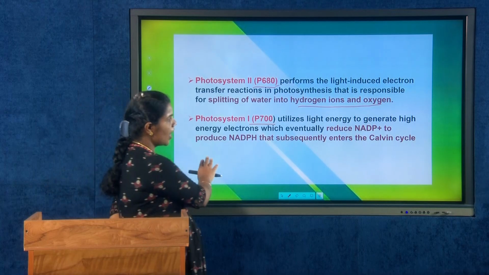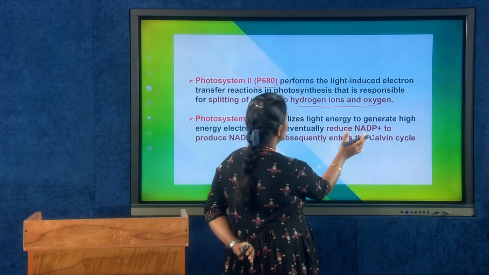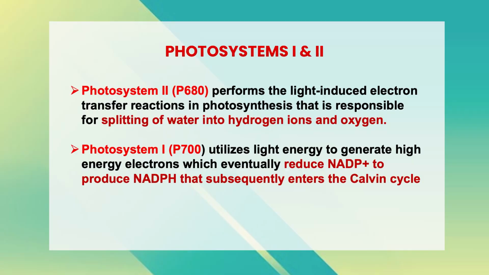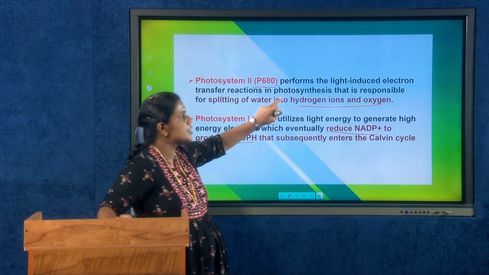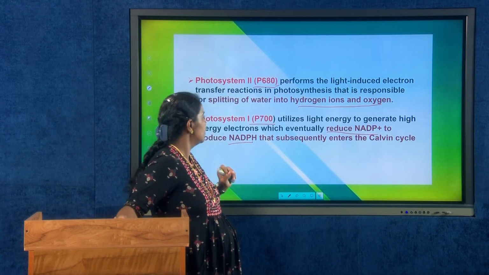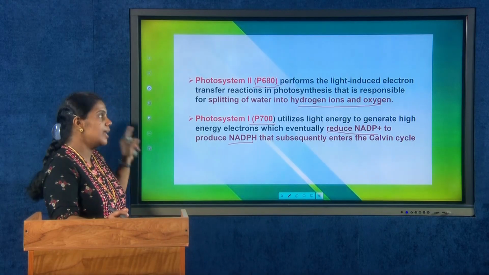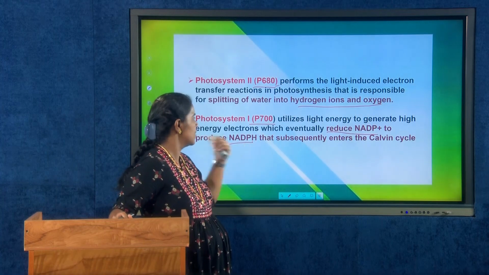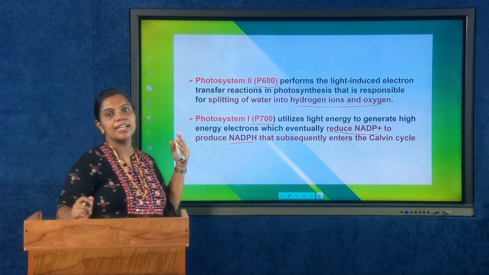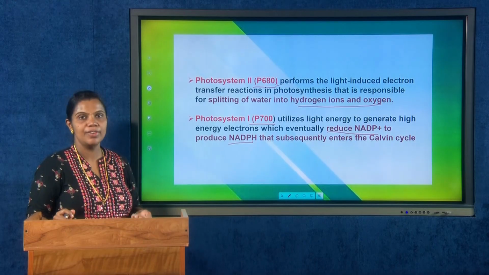The photosystem 1 utilizes light energy to generate high energy electrons which will eventually reduce NADP plus to produce NADPH that is required for carbohydrate synthesis in the Calvin cycle. So, the photosystem 2 is responsible for the water splitting and the photosystem 1 is mainly responsible for the reduction of NADP plus to NADPH, which is required in the Calvin cycle.